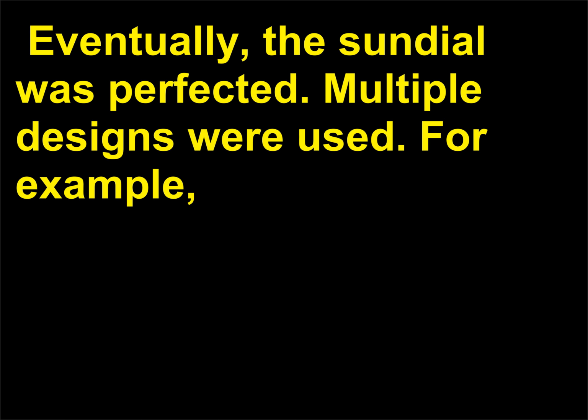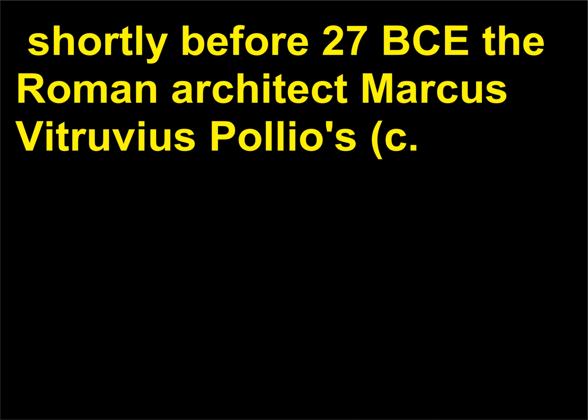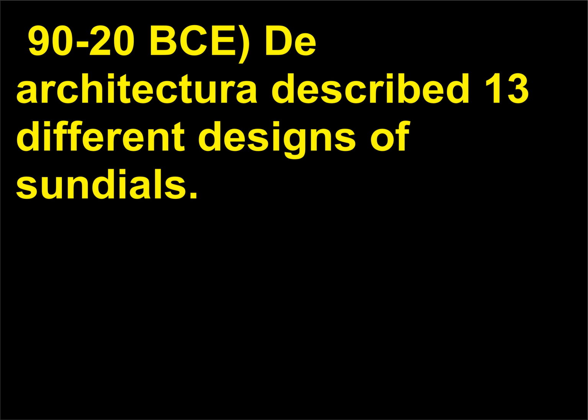Multiple designs were used. For example, shortly before 27 BCE, the Roman architect Marcus Vitruvius Pollio, c. 90 to 20 BCE, in De Architectura described 13 different designs of sundials.